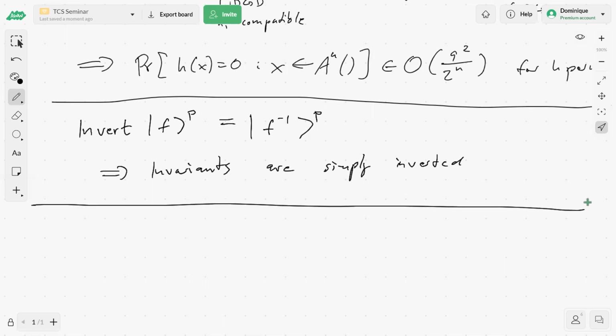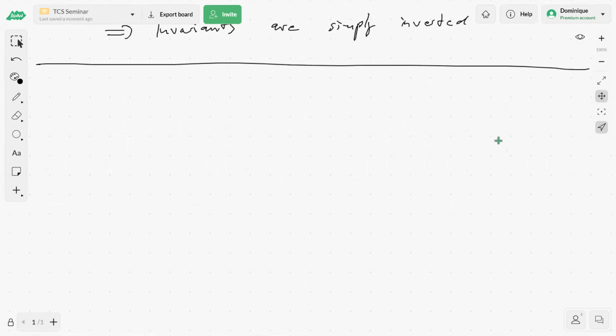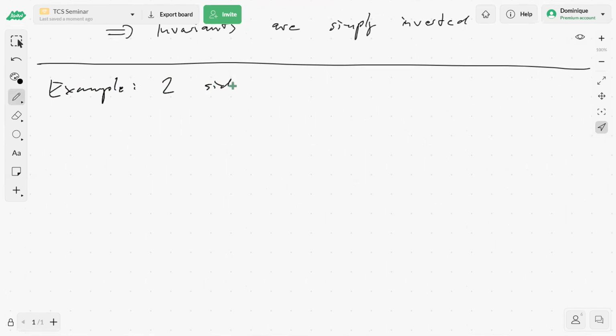So to put all this together, let me do one more example analysis. What I call two-sided zero search. Let's say we have an invertible permutation, and we want to find an input x so that if I input x concatenated 0, I get some y concatenated with 0.